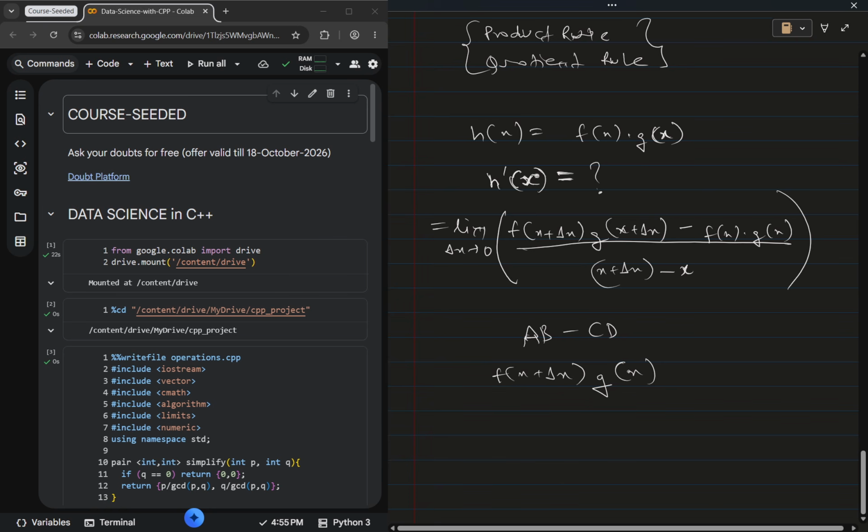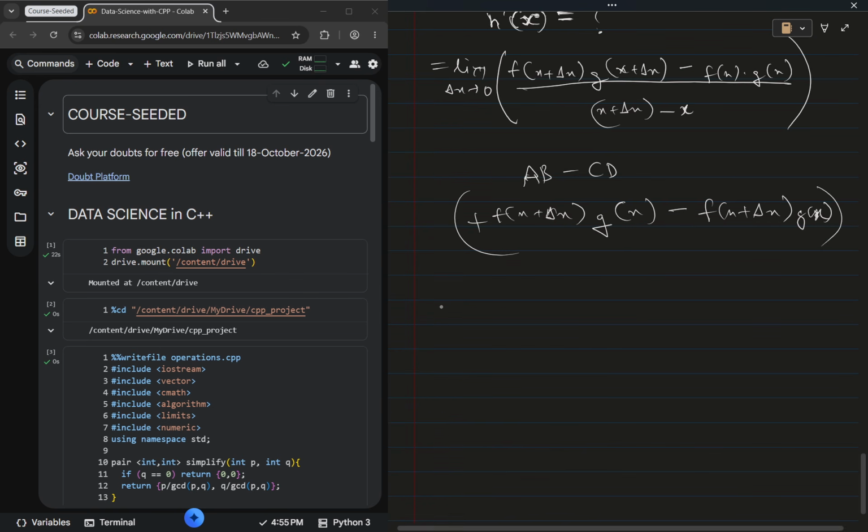So we have this f(x plus delta x) times this g(x plus delta x), and then you have your minus f(x plus delta x) times g(x). So we are basically going to implement this plus and minus, which is basically equal to 0 only. So we are just adding 0 in the numerator.